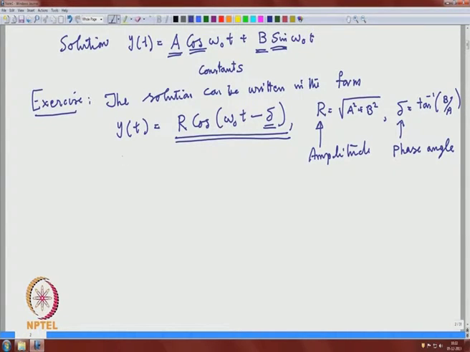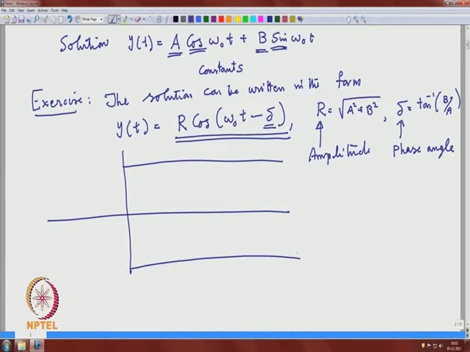If you plot this curve y(t), it will oscillate. If you mark here -R and plus R, it may start somewhere, not necessarily at 1. That is what the phase shows; you will have a phase angle.